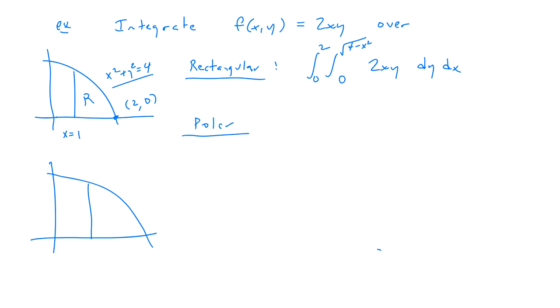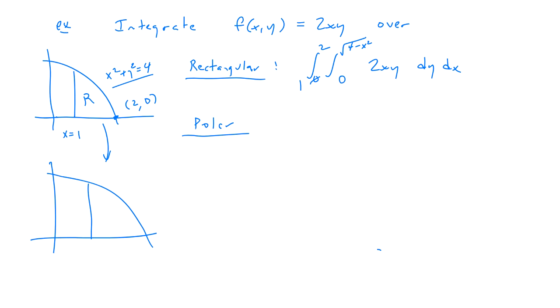Just the region R. So same R. Oh, I don't know why it's 0. Thank you. 1 to 2. I'm just being silly. Sorry about that. So the only reason I kind of do this is to show you what really we're doing, because most of the ones you get for polar coordinates, the limits are going to be constants, because that's the whole idea.